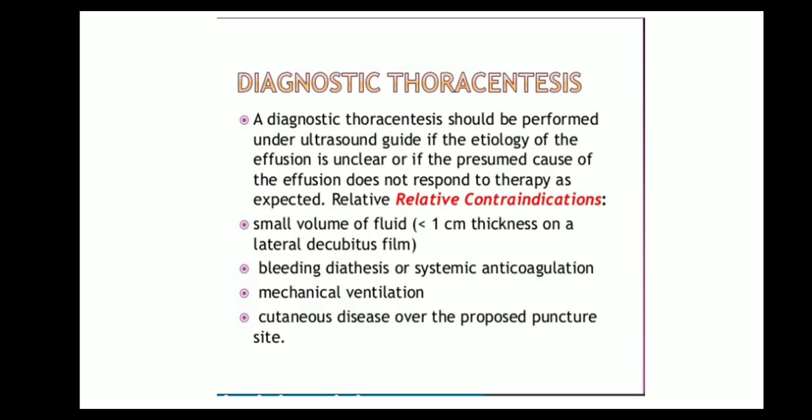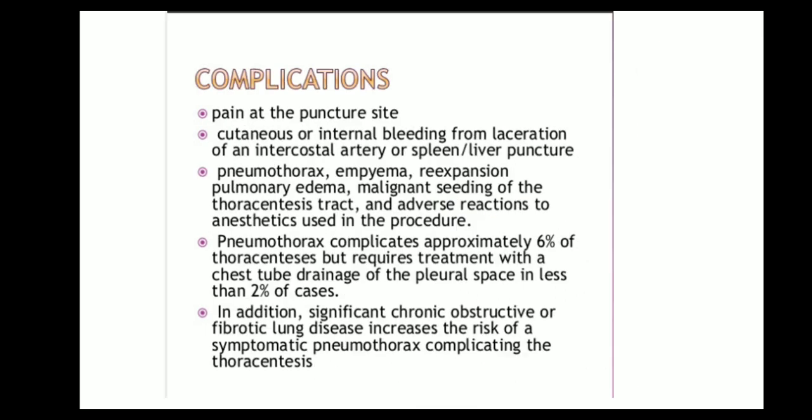Diagnostic thoracentesis is another important investigation which can be done, wherein if the effusion is not clear, then ultrasound guided thoracocentesis will be done. The relative contraindications for this are a small volume of fluid, bleeding diathesis, mechanical ventilation, and cutaneous disease over the proposed puncture site.